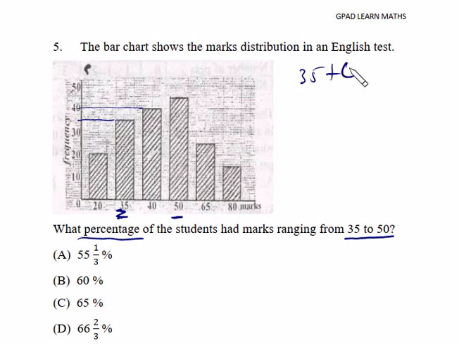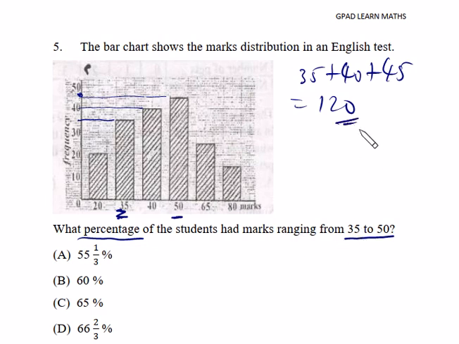Beautiful. 40 had 40 plus, now how many had 50? 45 had 50, right? 45 had 50. So when you add this, you're going to get 120. So 120 had marks ranging from 35 to 50.